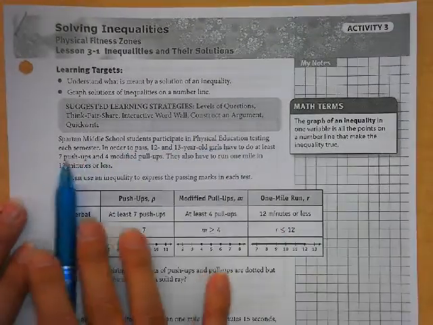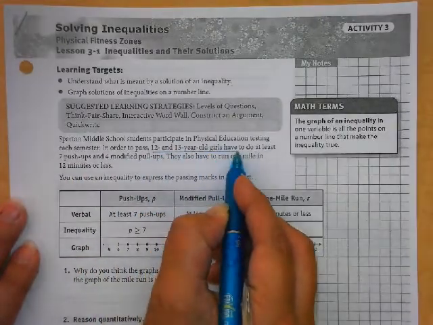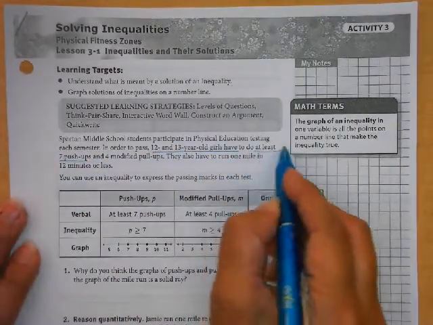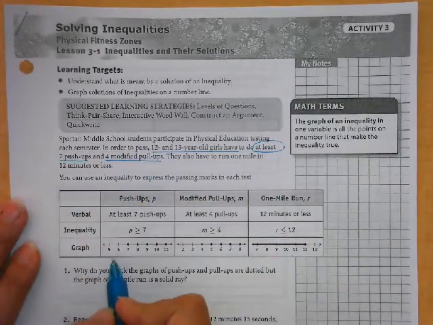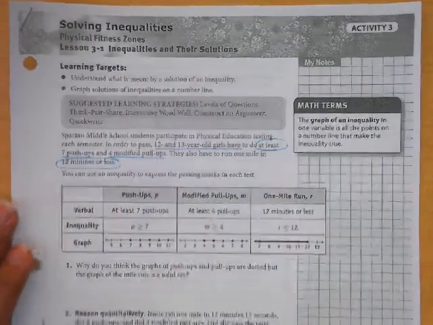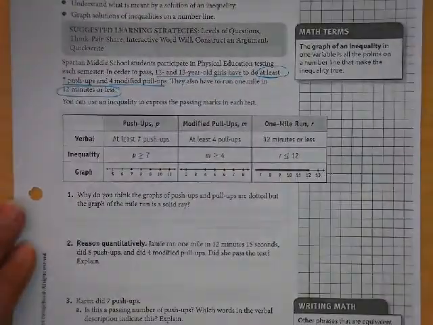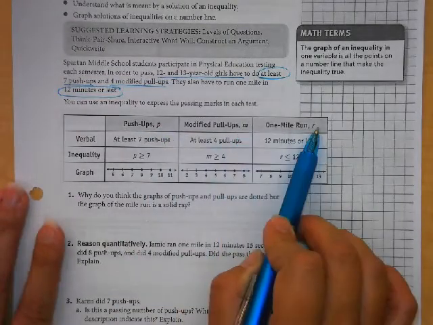In PE testing each semester, in order to pass, 12 to 13-year-old girls have to do at least 7 push-ups and 4 modified pull-ups. They have to run a mile in 12 minutes or less. So we have a little table here: P for push-ups, M for modified pull-ups, R for run.